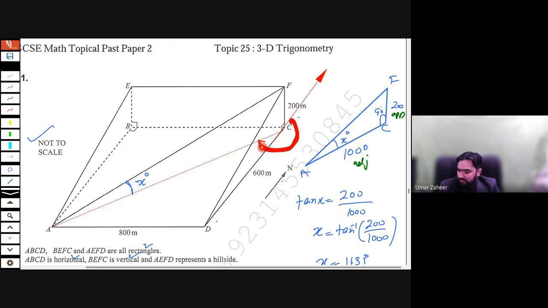I'm talking about this angle, the base one. Can you tell me what this angle is? It is a straight line, so this angle will be 180 degrees. So we just need to find this angle. We need to find this one only. I will take this picture down so you can easily understand it. Okay.